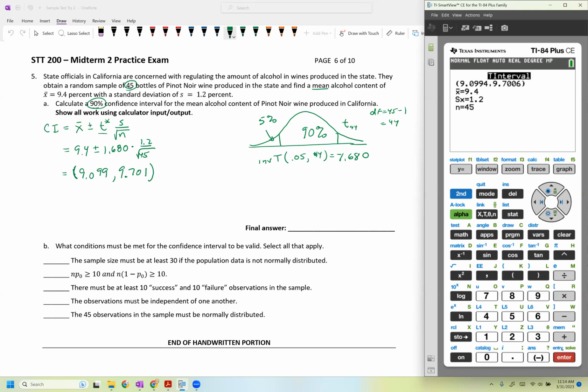And you can see that our numbers are right in line with those numbers as well. So 9.099 and 9.701 is our final answer there.